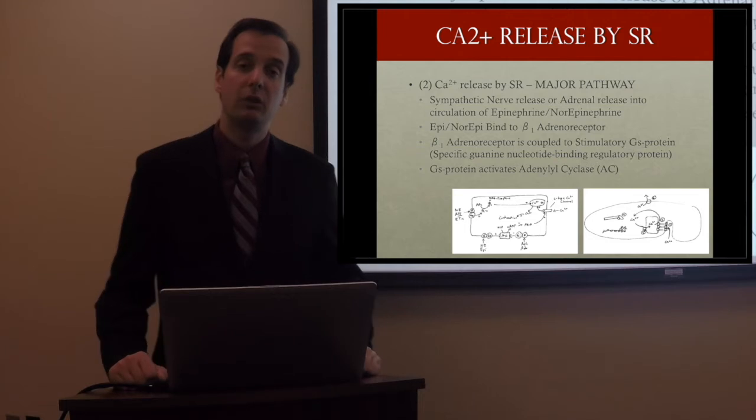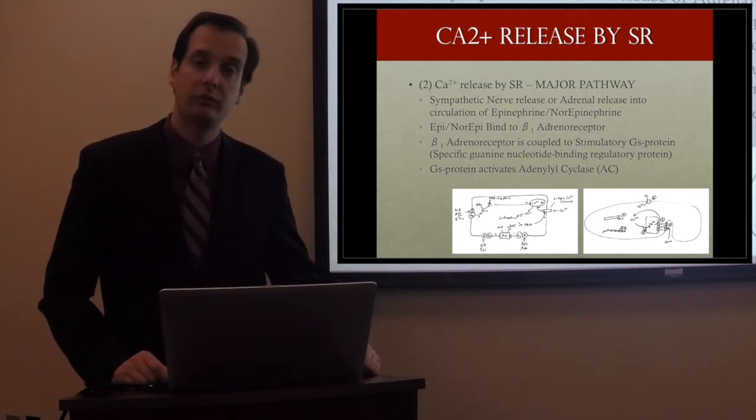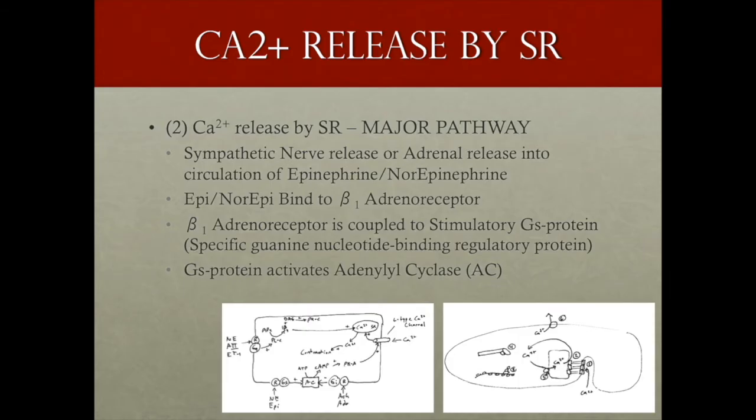There is a major and minor pathway through which calcium release from the sarcoplasmic reticulum is modulated. Sympathetic nerve release of norepinephrine locally, or again, adrenal release of epinephrine or norepinephrine into the systemic circulation will make epinephrine and norepinephrine available to bind to beta-1 adrenoreceptors.